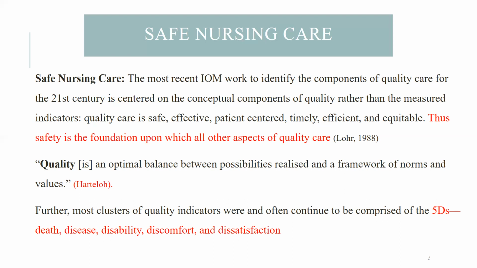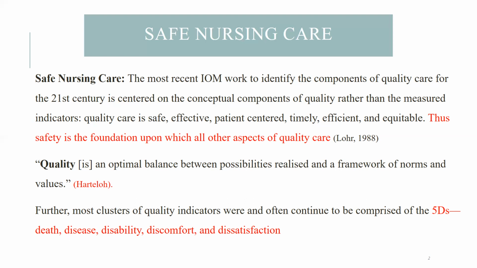So these basically reflect the quality. But the concept of safe nursing care mainly focuses on the quality components of care rather than the measured indicators we have discussed. As they have mentioned, quality is safe, effective, patient-centered, timely, efficient, and equitable.